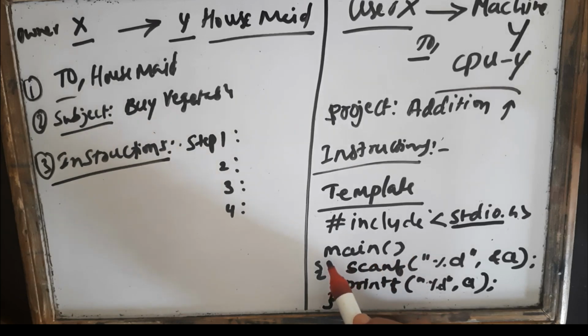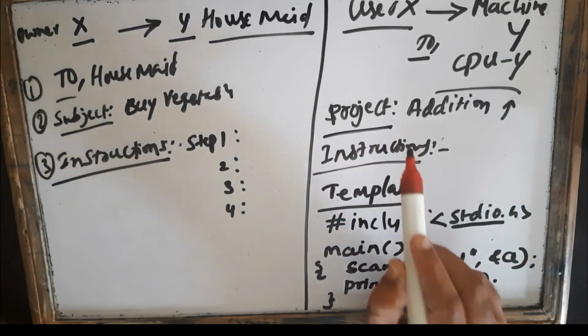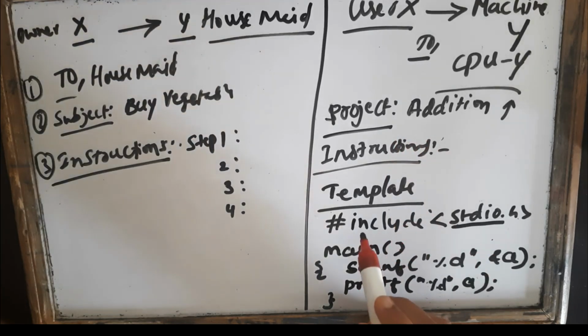And we need to start with main. That means this is the main function, or we say the main lines of the code of the instruction that we write for any particular project. So here in this case it is addition. So this is the basic structure, the main function, we call it a function here.